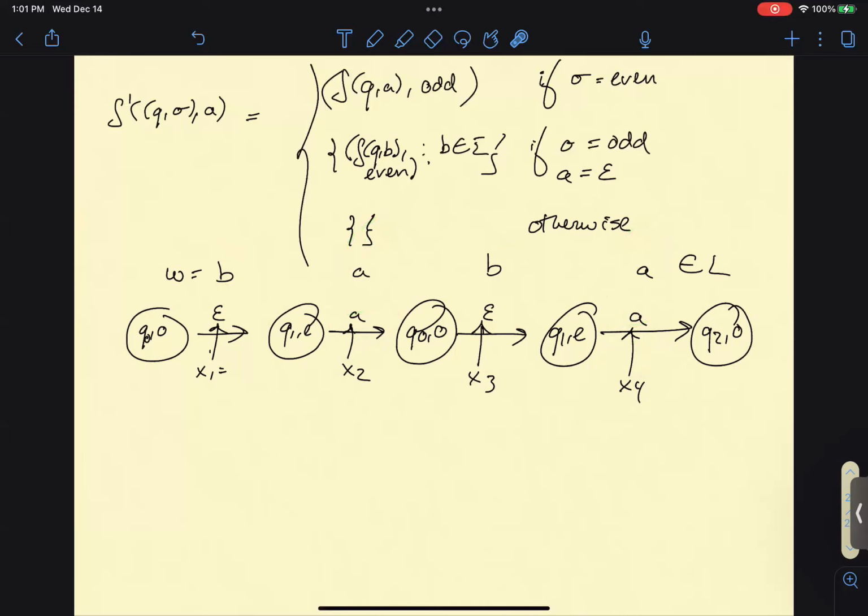So for this to be in L, what does Q2 actually have to be? Yeah, it has to be a final state. So for this whole string to be in L, it must mean that Q2 is a final state.